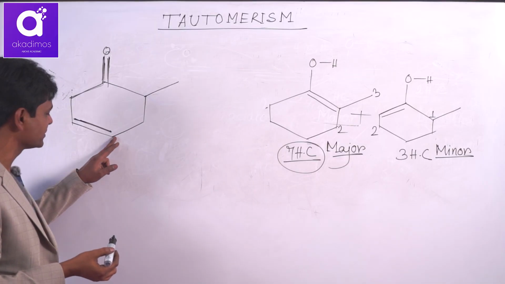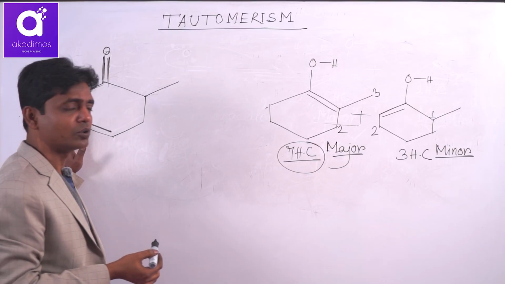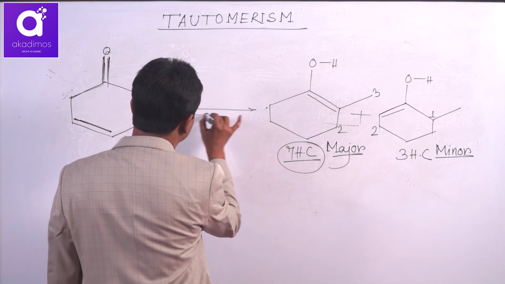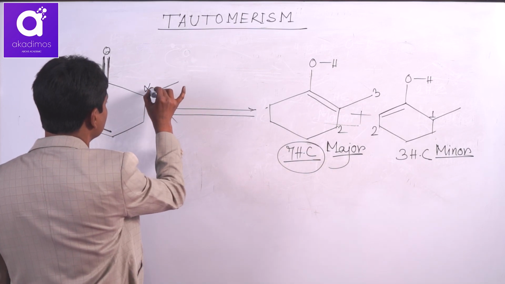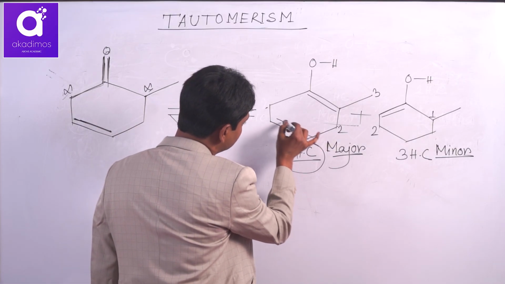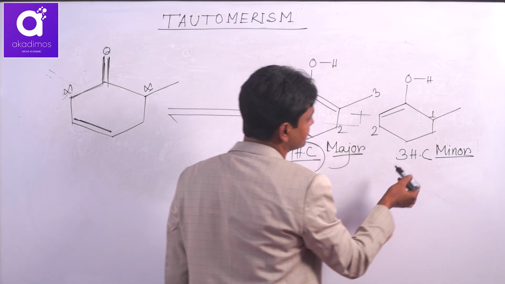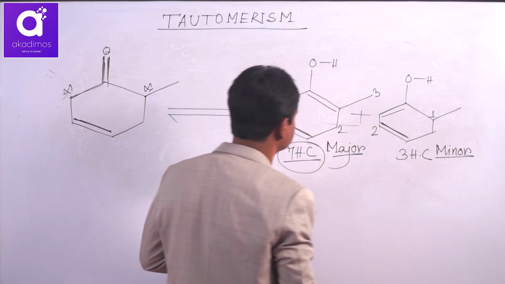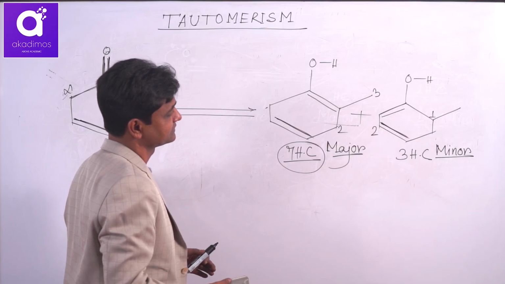What have I changed? Only I have taken a pi bond. Now, here also you will get two different enols. This one and this one. This is a pi bond. This is a pi bond. Just a change. See the magic.